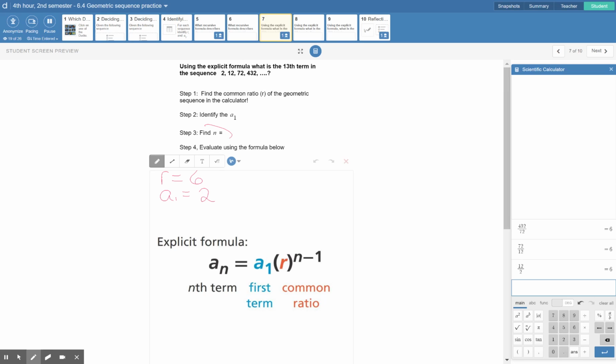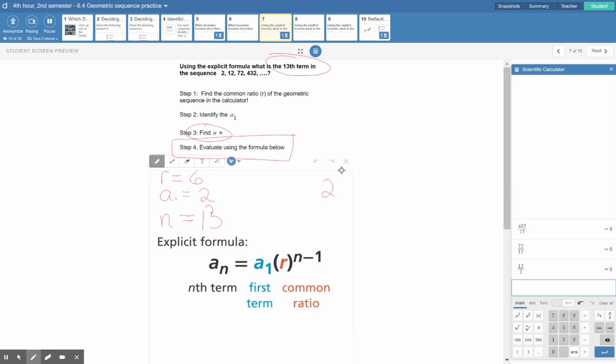Now the n comes from the actual problem. Our n is our 13th term because that's the one that they're trying to tell us to find. That should be a 3. All right, then you plug it in. This one you're actually evaluating, so step 4 says evaluate.